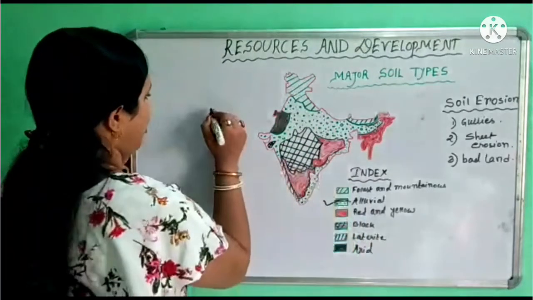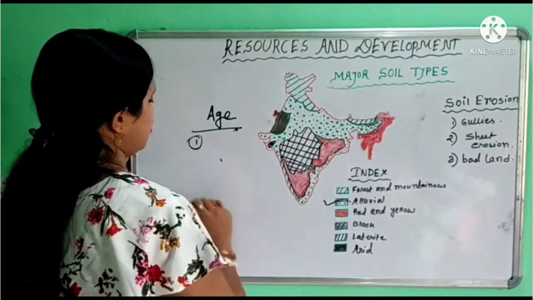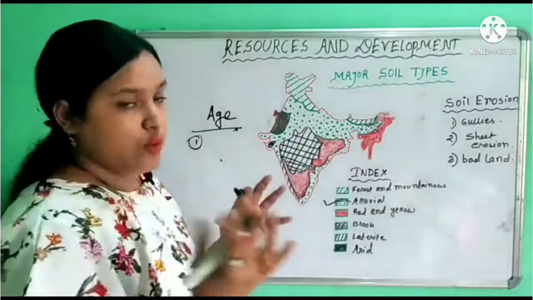According to age, we find two types of alluvial soil.